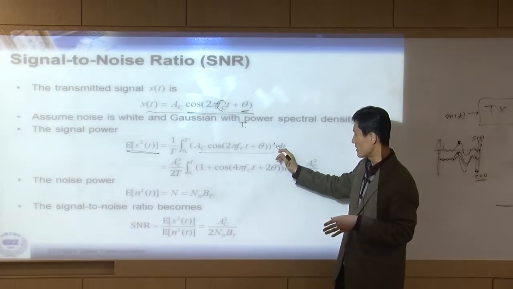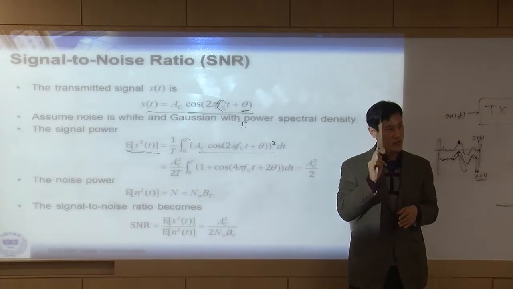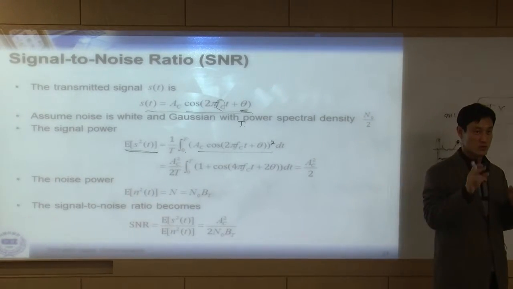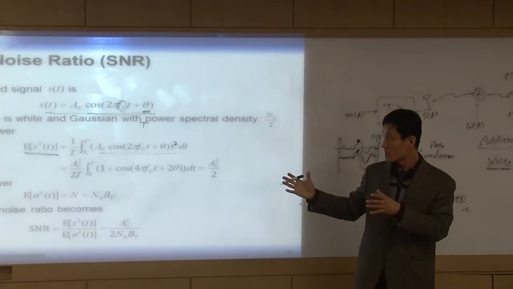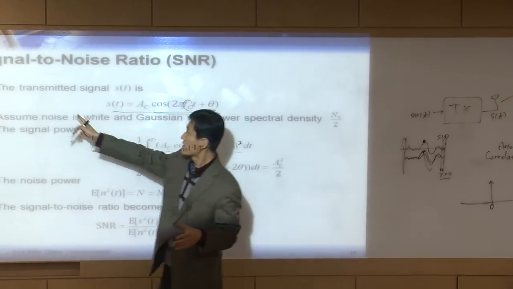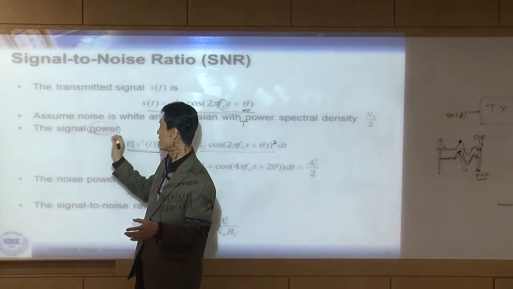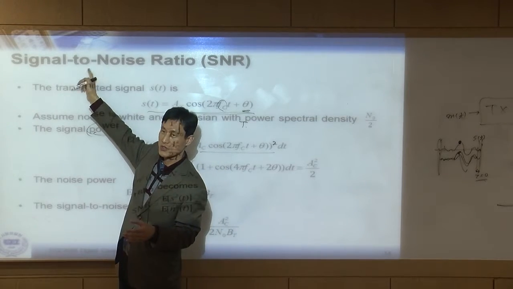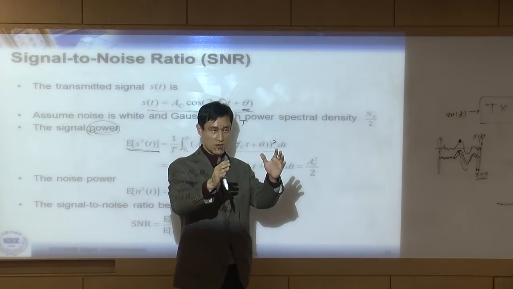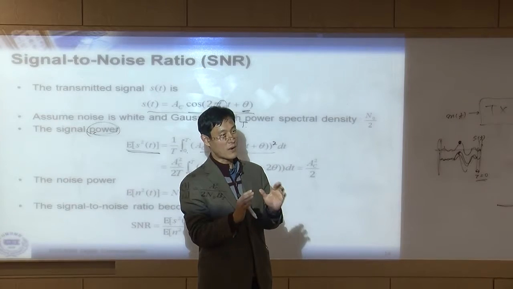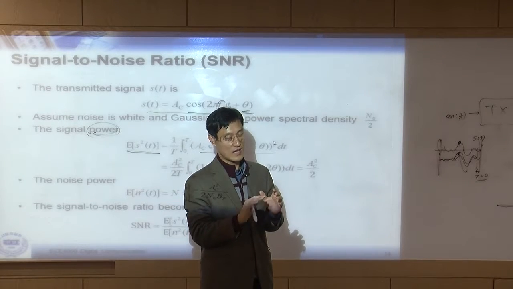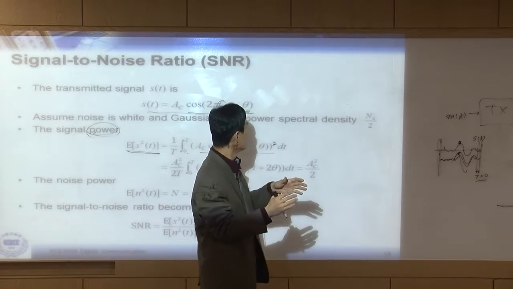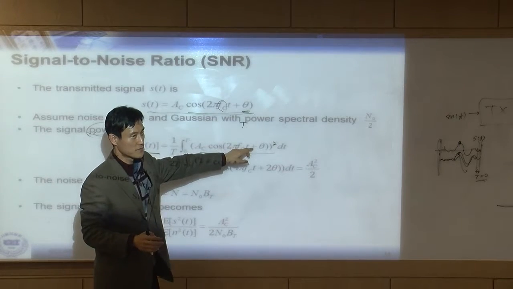And we need to do the square. Don't forget the square, it is very important because we are calculating signal power. This is a power ratio, signal power divided by noise power, not just a ratio, a power ratio, so we always have to do the square.